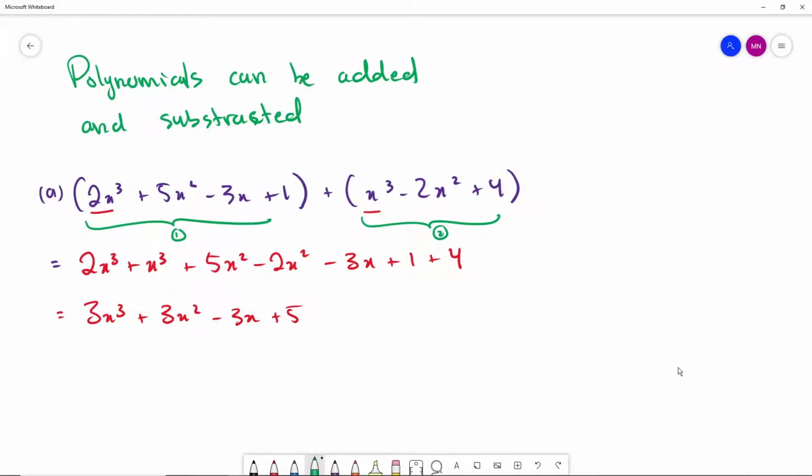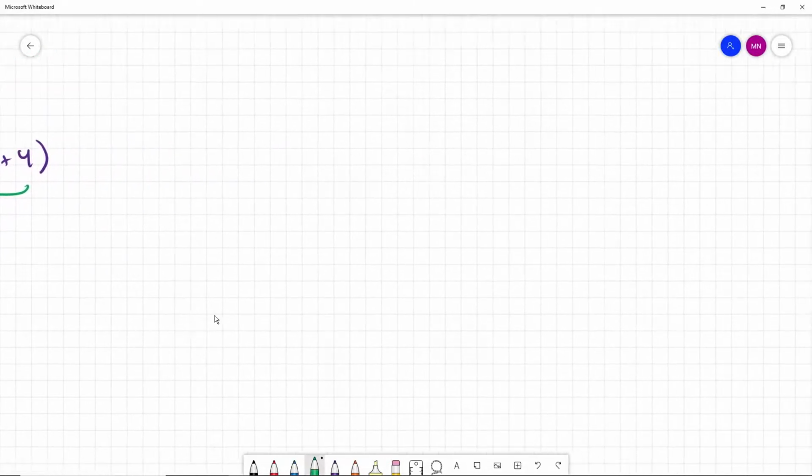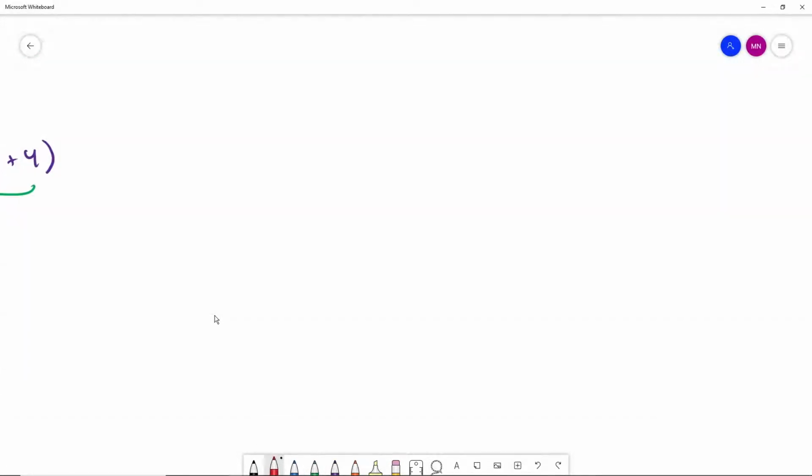Next we go to an example for multiplication of polynomials. Multiplication of polynomials is represented with brackets.